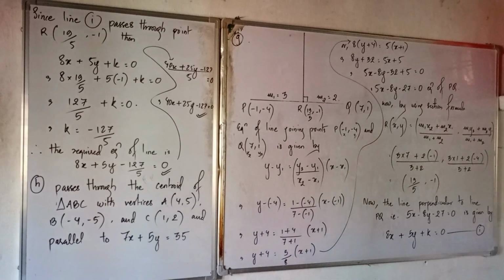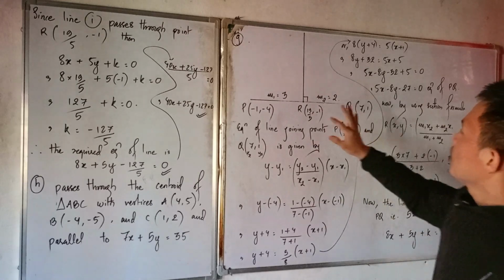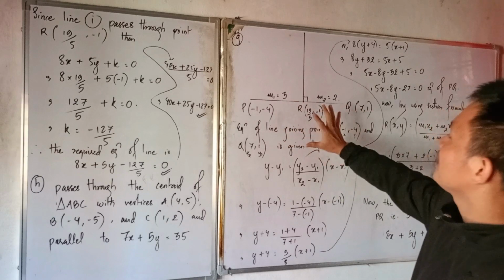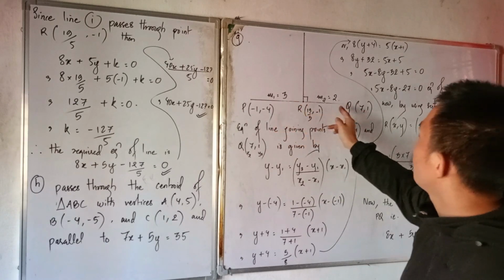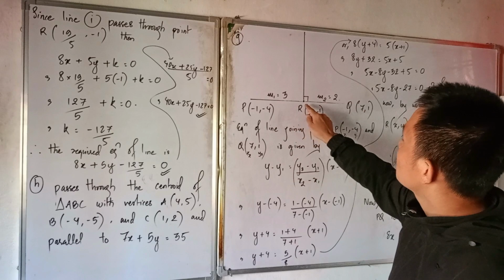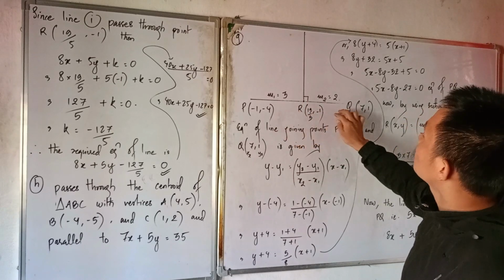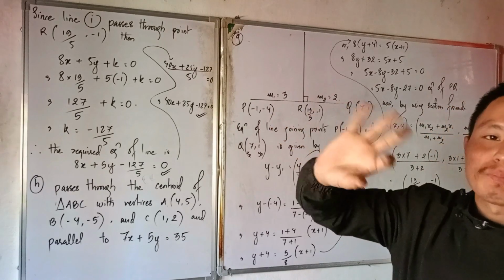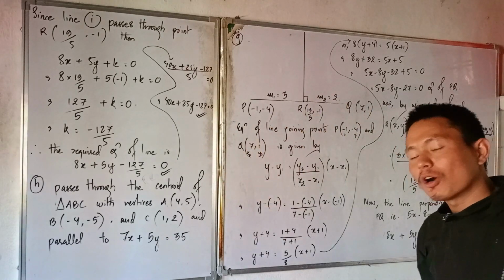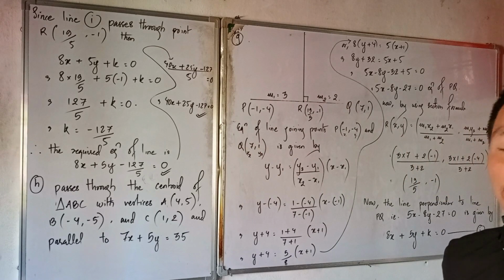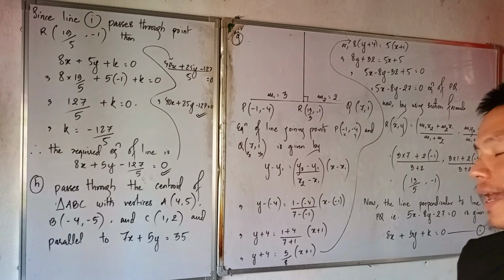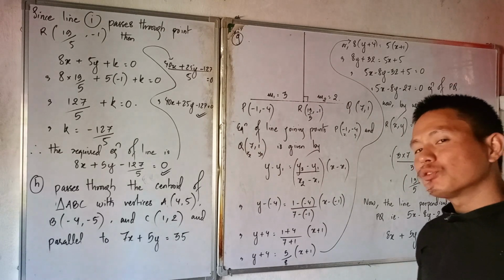For other information, you can also do it in another way, by finding this point and finding the slope, and the slope perpendicular to this line you get by applying the condition of perpendicularity, that is, the product of m1 and m2 must be equal to minus 1.